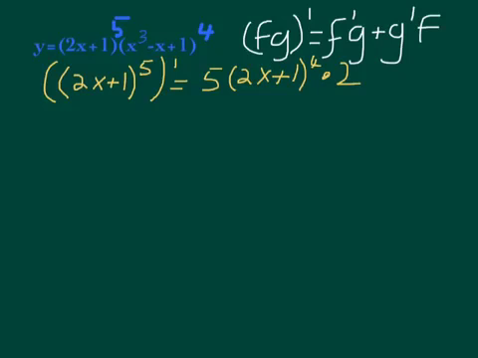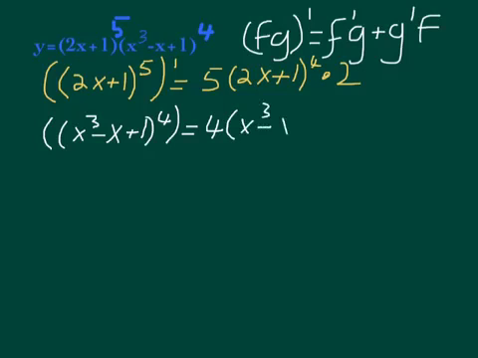Next up, derivative of (x cubed minus x plus 1) to the power of 4 will be 4 times (x cubed minus x plus 1) to the power of 3, just like it was a regular x, but we then need to multiply by the internal derivative. That's 3x squared minus 1.